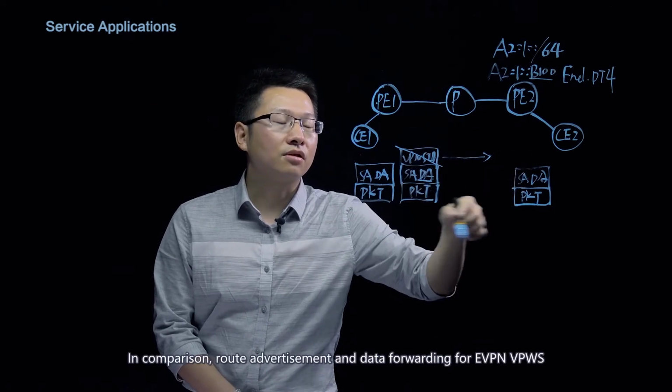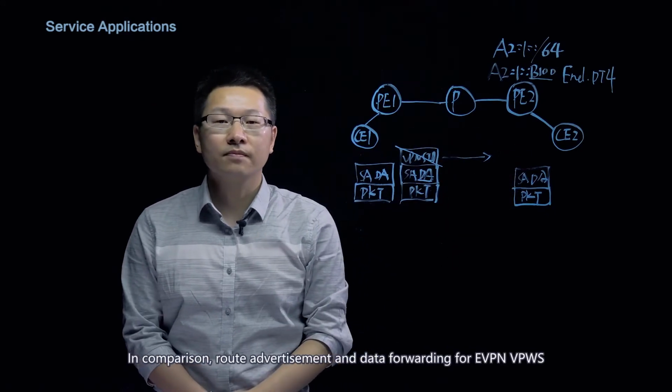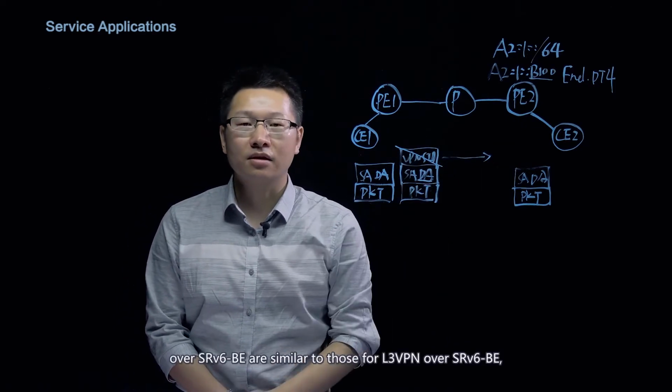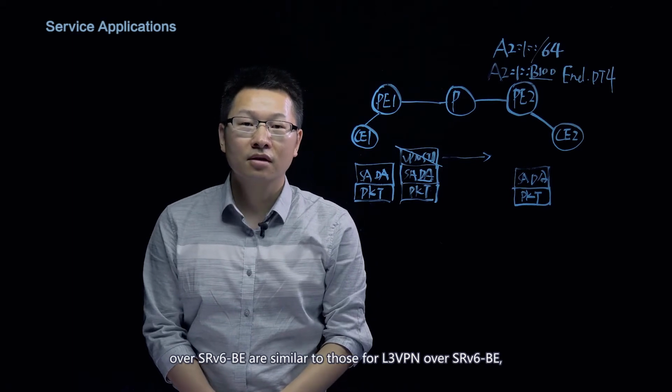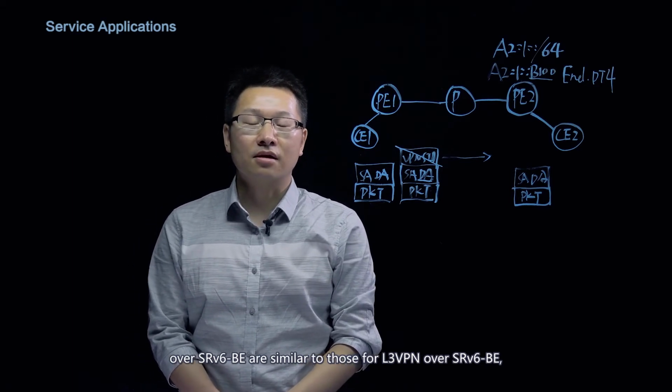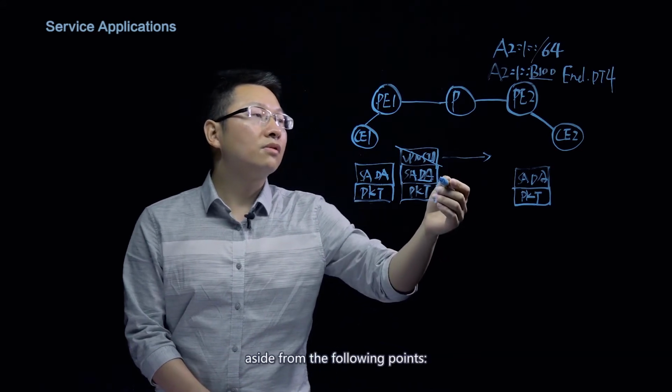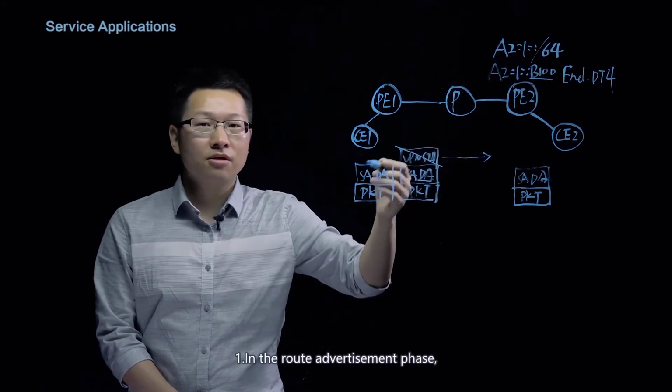This mode is called segment routing IPv6 best effort. In comparison, route advertisement and data forwarding for EVPN VPWS over SRv6 BE are similar to those for L3 VPN over SRv6 BE, aside from the following points. 1.